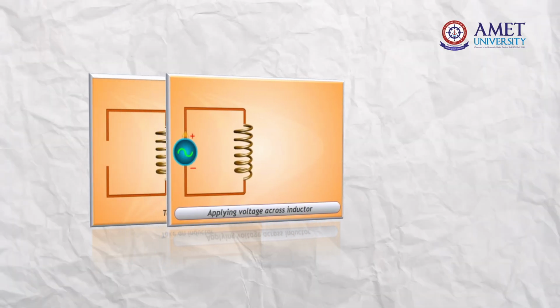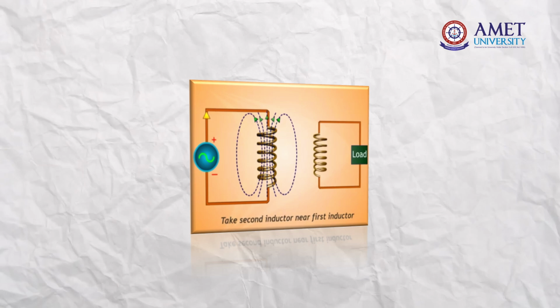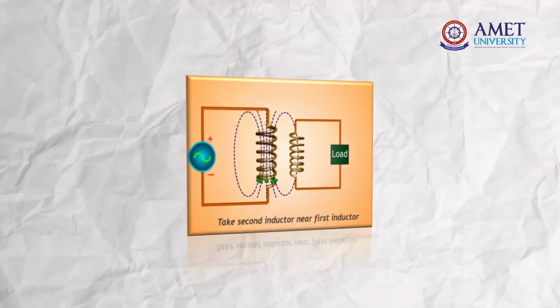So what is meant by mutual inductance? Mutual inductance means if you pass current in one circuit, a magnetic flux will be formed. The flux will be connected to the adjacent circuit.